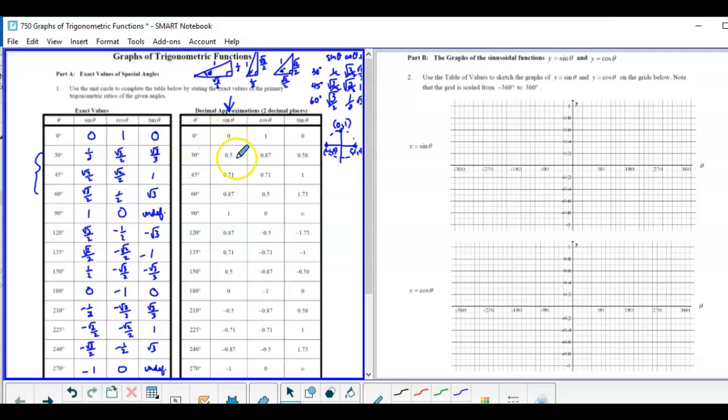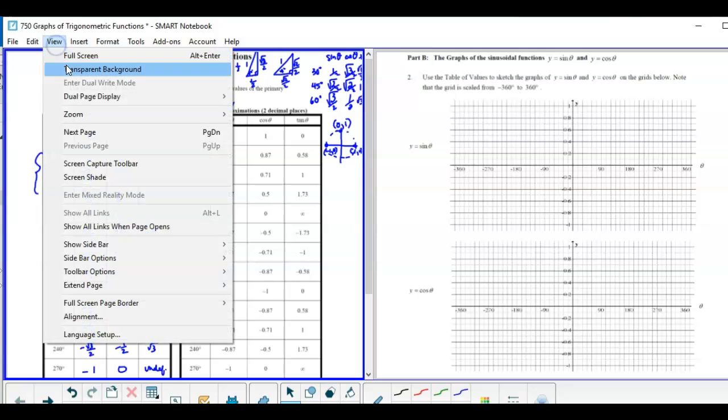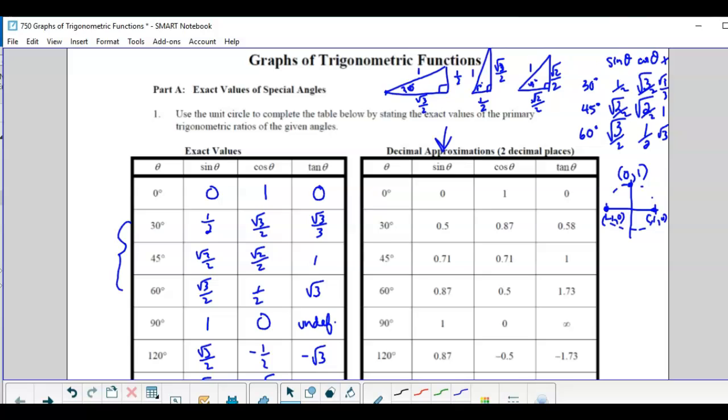Then 30 degrees, 0.5, 45, 0.71, 60, 0.87, 90, you're at 1, that's the maximum. I think I'm going to pause again. You work on it. You pause your video, I should say, and then I'll have the graph up in a sec. Okay, I'm just going to go back to full screen.